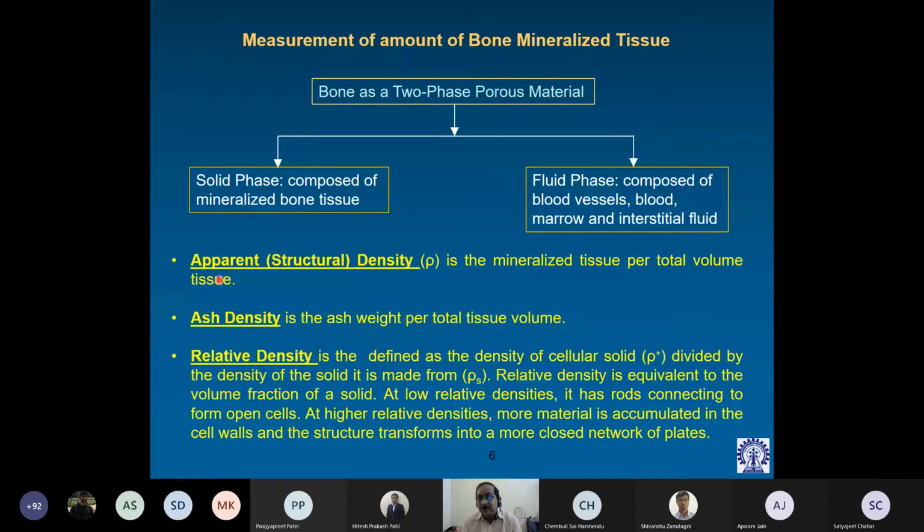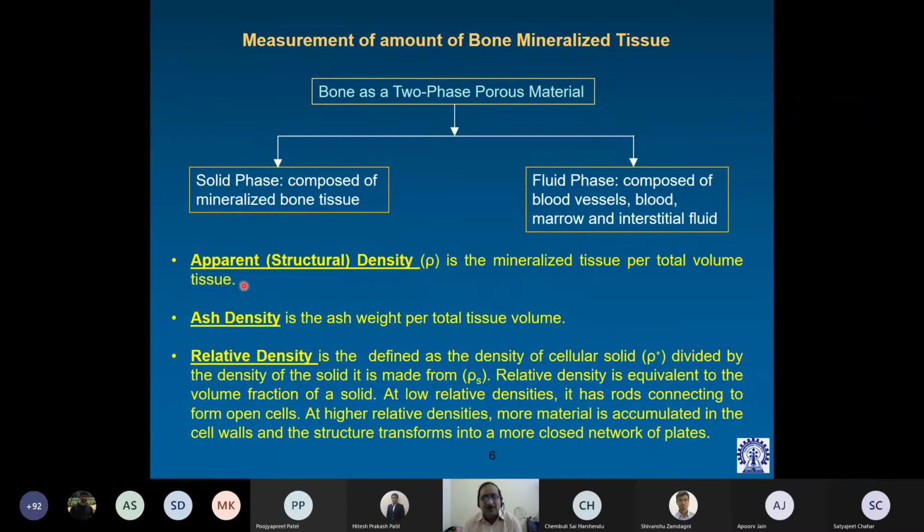Okay? The apparent density is a very important measurement that characterizes bone mineralized tissue. It is the first thing that is used to mechanically characterize bone mineralized tissue. So it is the mineralized tissue per total volume of the tissue.